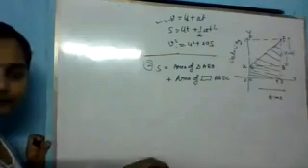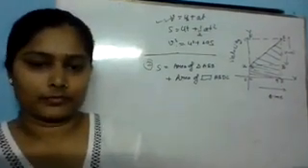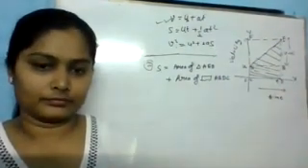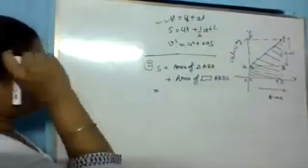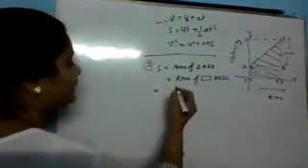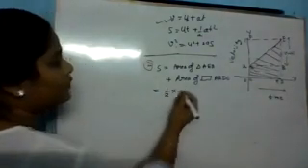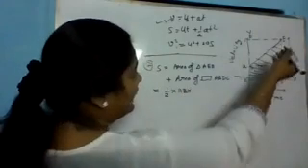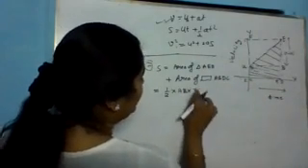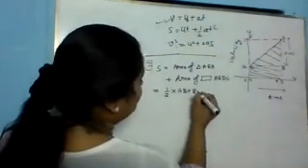This is clear? Now, what is the area of a triangle? 1/2 base into height, right? What is the base? Base is AB and height is BE, या EB लिख दो. Height is EB.